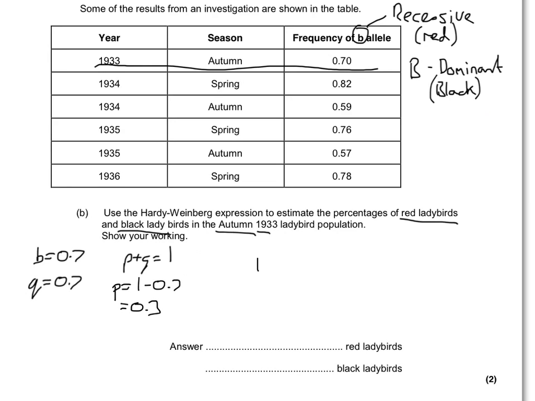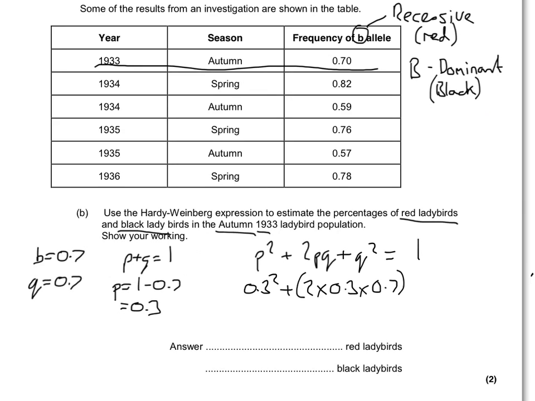So now we need to work out p squared plus 2pq plus q squared is equal to 1.